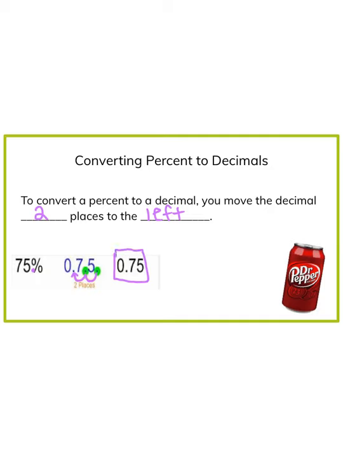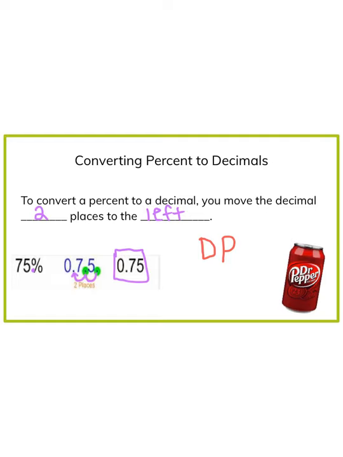You might be wondering why there is a Dr. Pepper can on the screen. A method that I like to use is the Dr. Pepper method when converting percents and decimals. So on your paper, you can write a D and a P for Dr. Pepper.